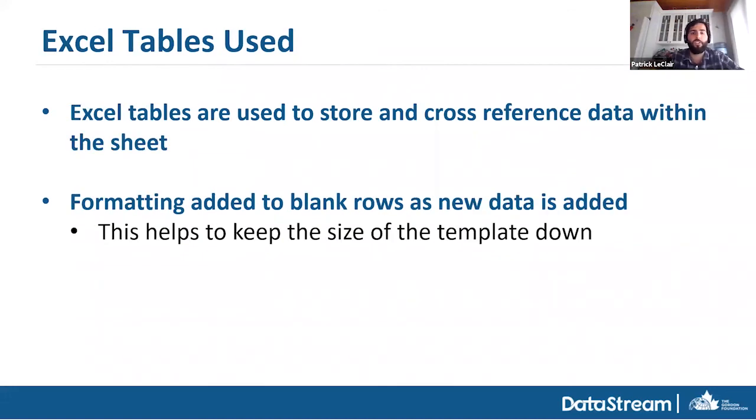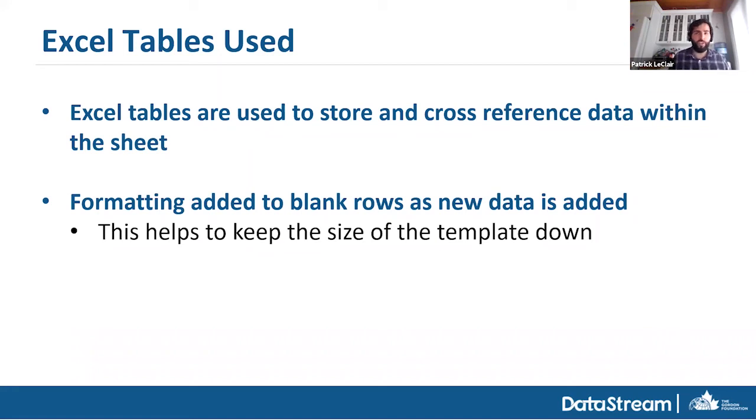So one of the big things we did to be able to do what we're doing is we started using Excel tables. These are what are now used to store and cross-reference the data within the worksheet. Not only did it allow us to combine these data sets, but it also helps. You'll notice in the new template, there's only a couple of rows at the beginning that are filled in. As you add new data, the table will actually grow and grow.